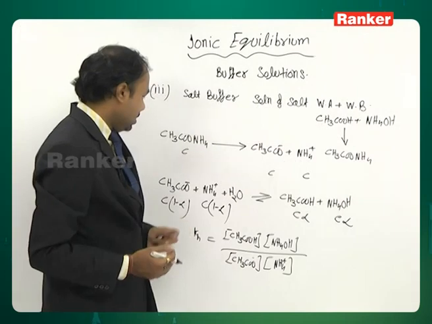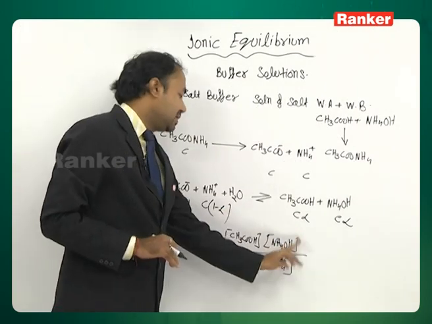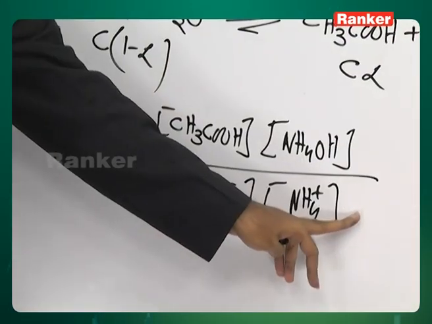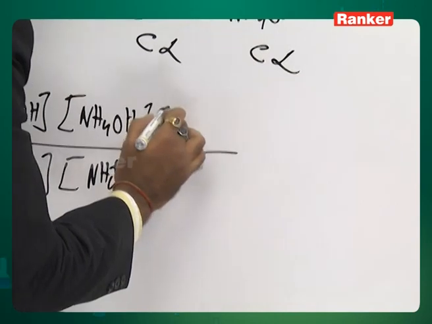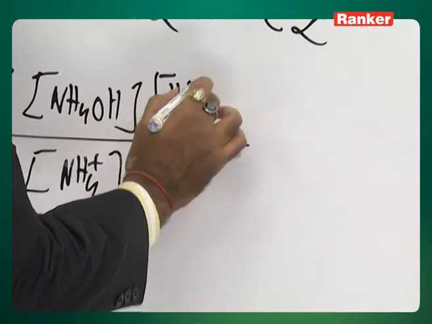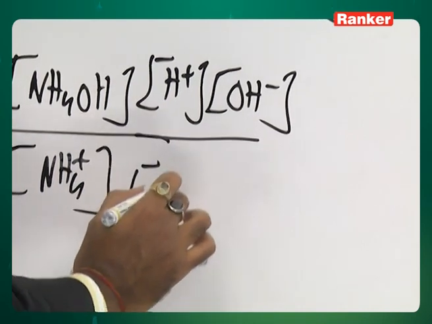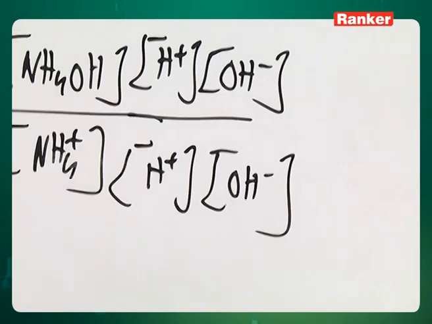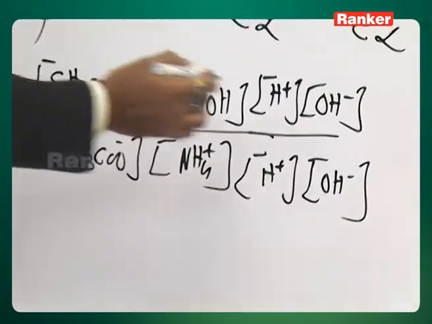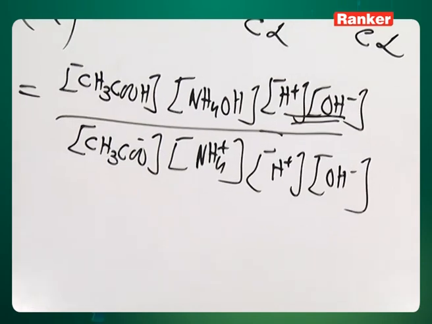Right. Now, for simplicity, what we do here is that both sides we multiply with H plus OH minus. So the equation becomes H plus OH minus upon H plus OH minus. Now, see, if you see this part, this is nothing but Kw, right?